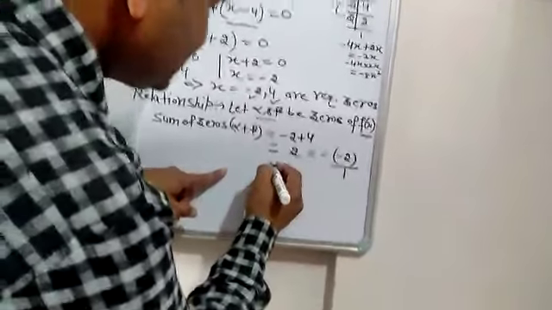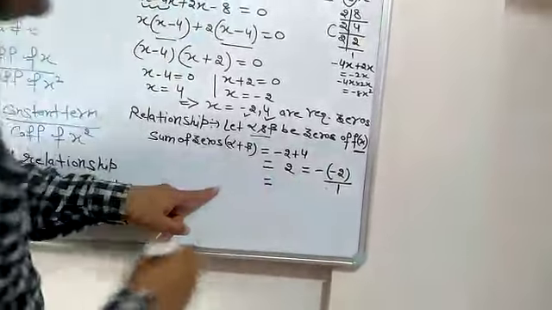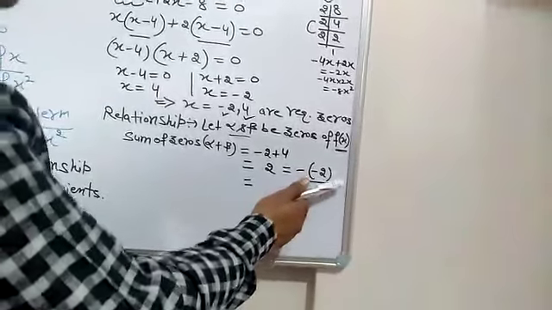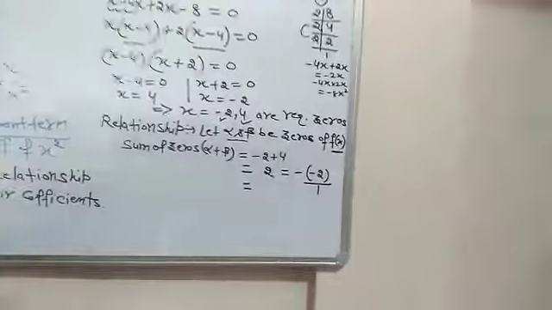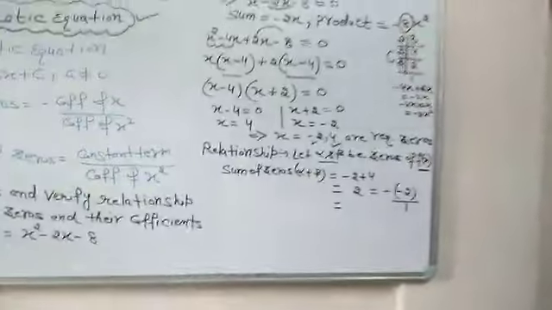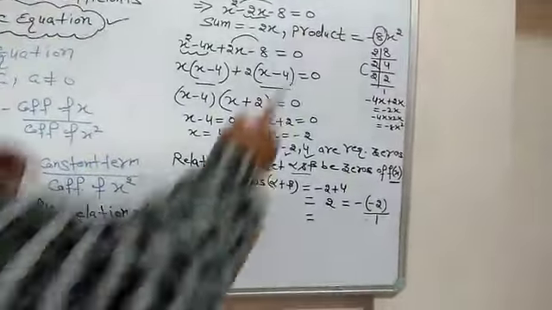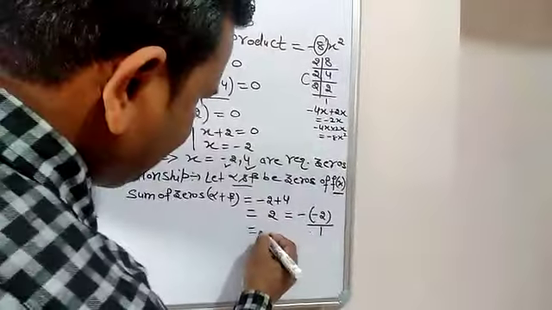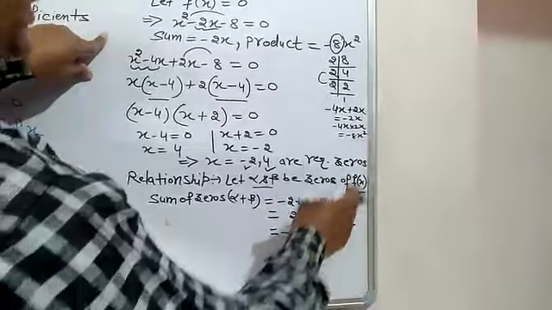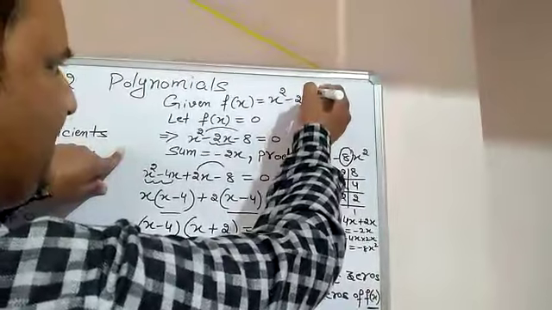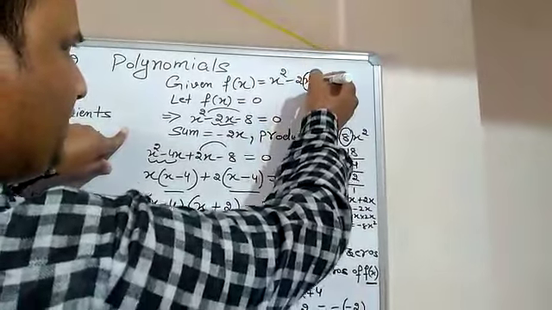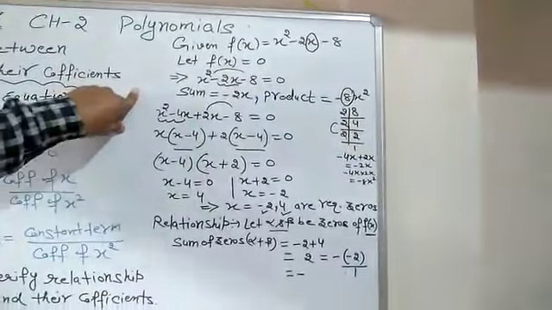So now students, try to correlate this number, this rational number, whatever this number is, in the form of coefficients of your given equation. So see, your equation is x square minus 2x minus 8. So minus I am writing here, students, minus 2. What is your minus 2? You can see that minus 2 is your coefficient of x. Is it? Yes.